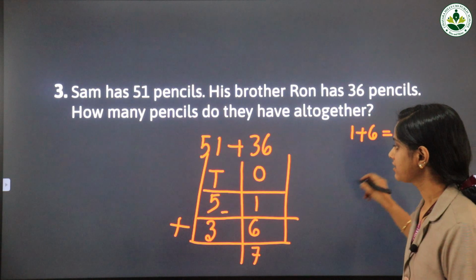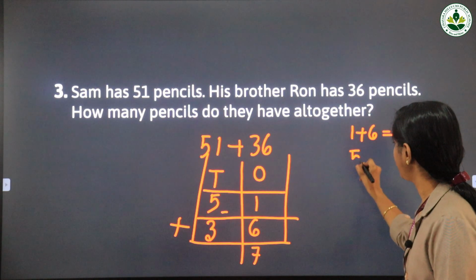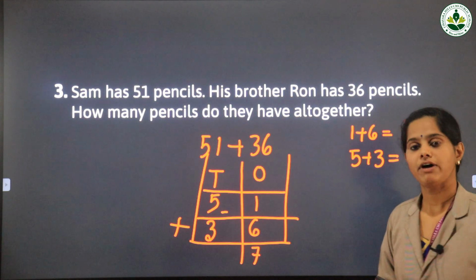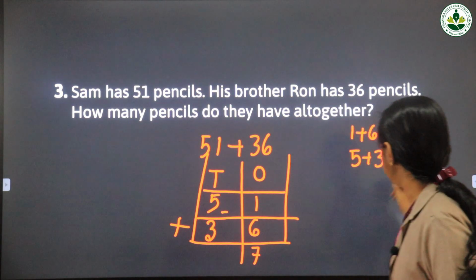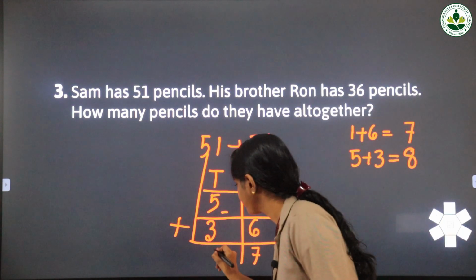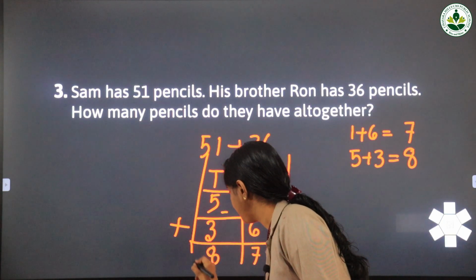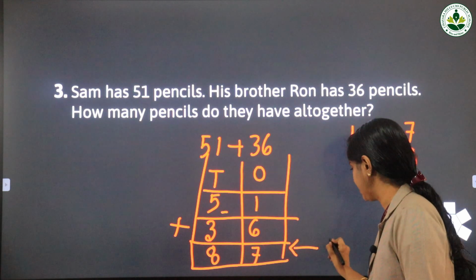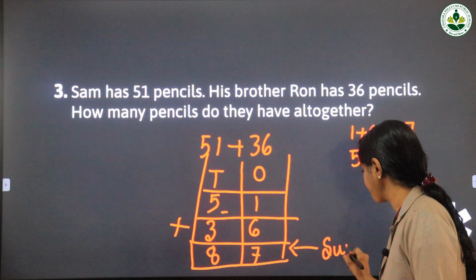Then add 5 plus 3, which is equal to 8. So we place 8 in the tens column. This is the sum. 87 is the sum.